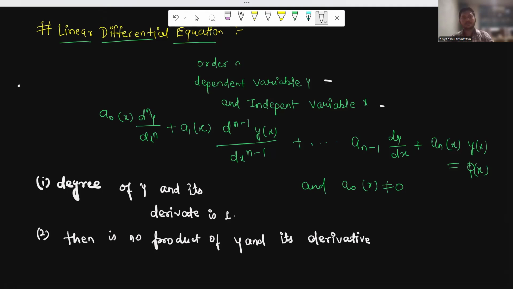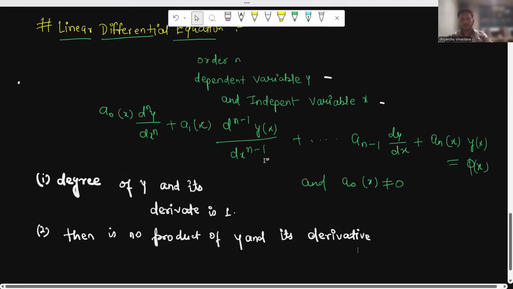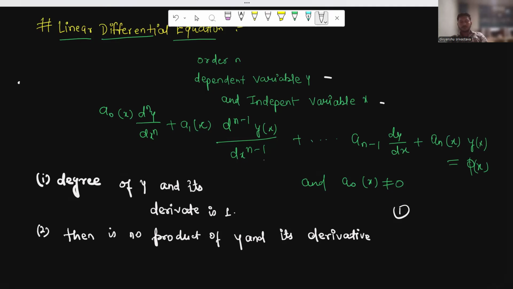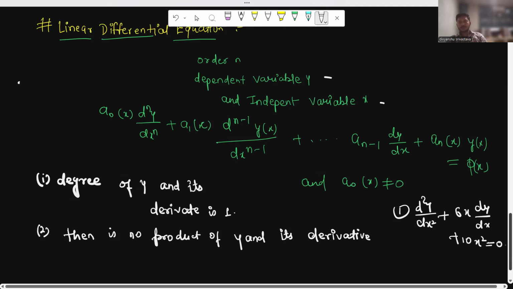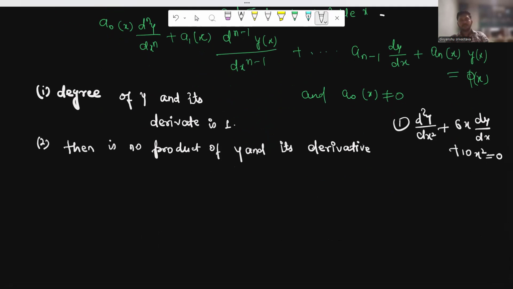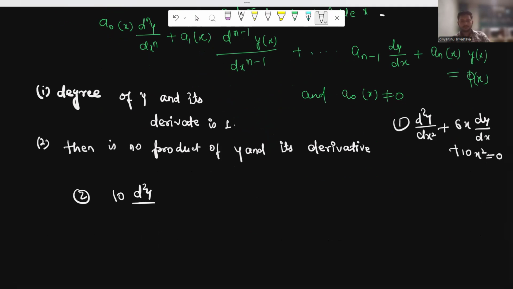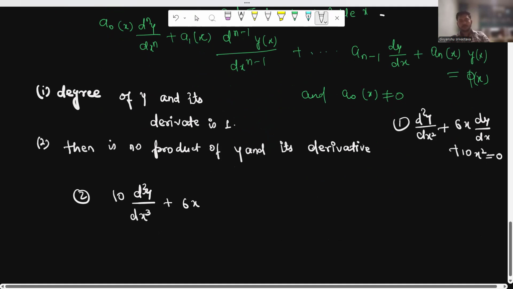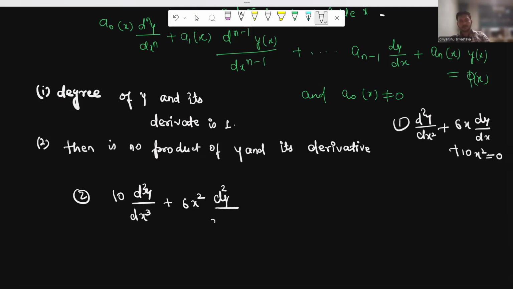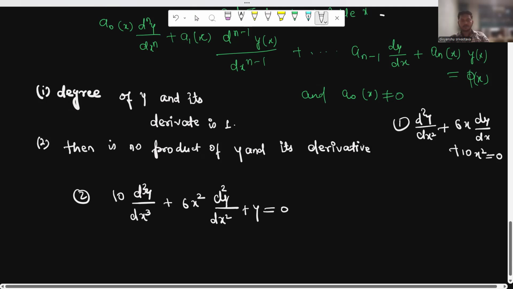Now here are some examples based on it. The first example is d2y/dx^2 plus 6x dy/dx plus 10x^2 equal to 0.